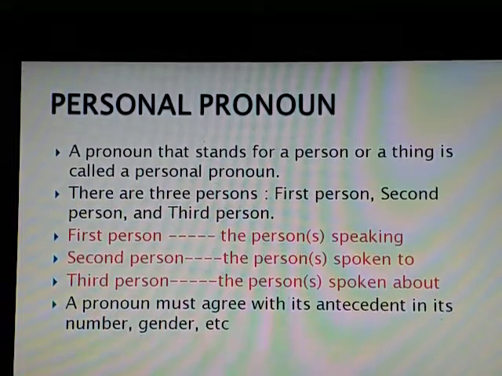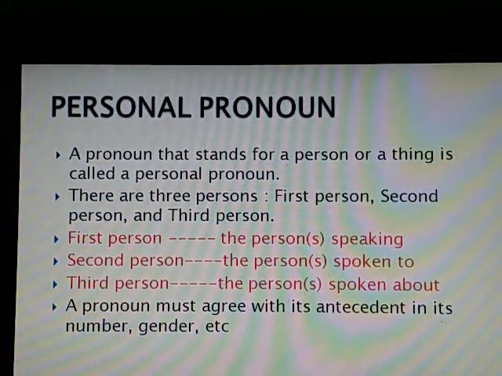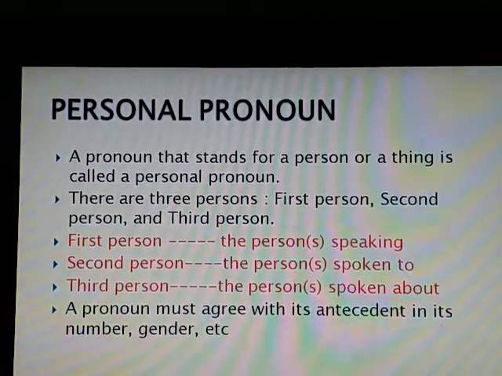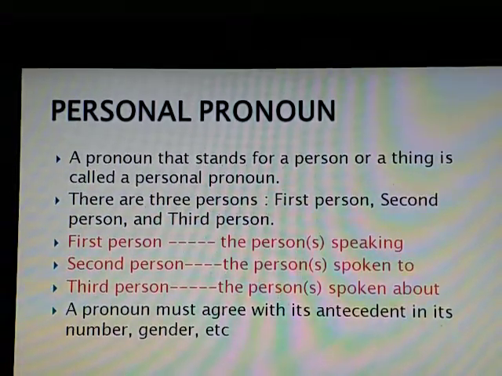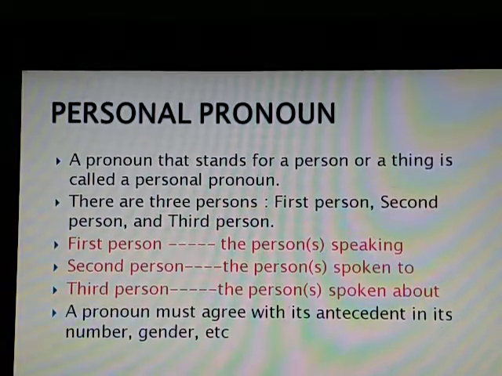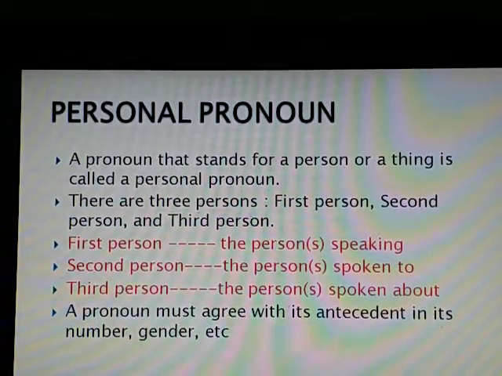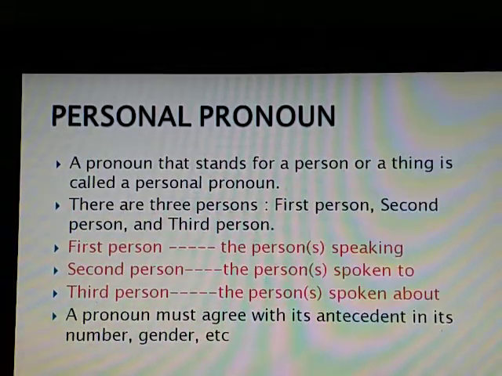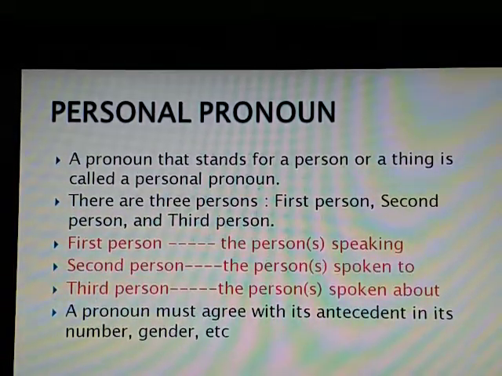Person or persons speaking are referred to as I and we. Person or persons spoken to are referred to as you. Person or persons spoken of are referred to as he, she, and they. So, there are three types of personal pronouns: first person, second person, and third person.